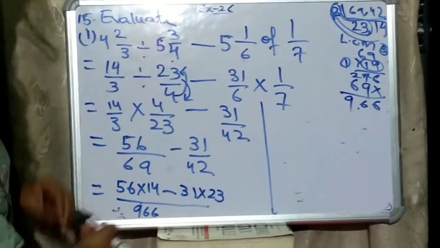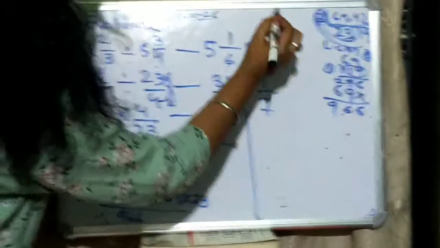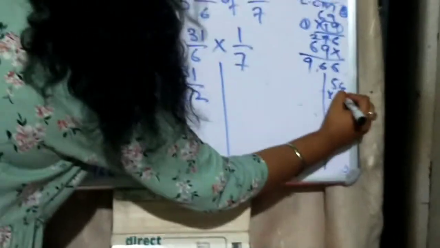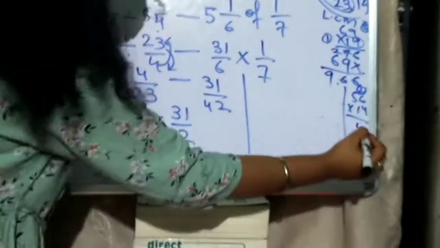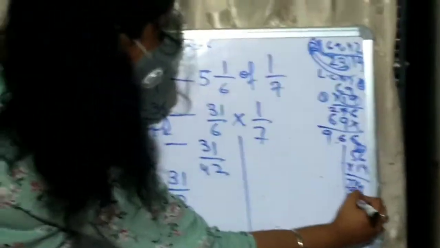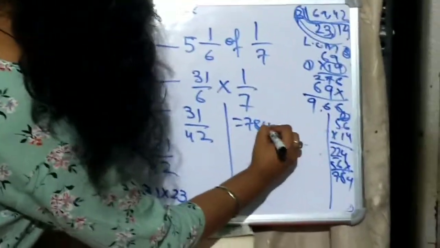You can't take a common number, so you have to do the multiplication. Let me do the multiplication 56 into 14 in rough here. 6 4s are 24, carry 2. 4 5s are 20, plus 2 is 22. Now again 56 times 1 is 56. Your answer is 784.